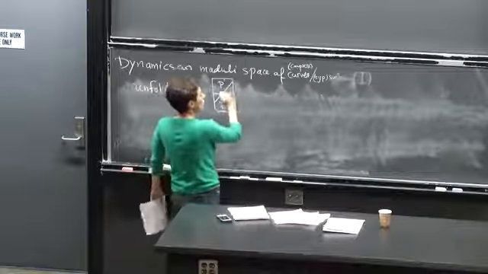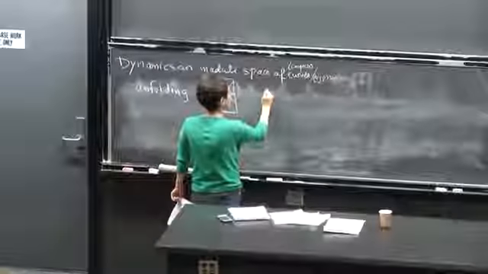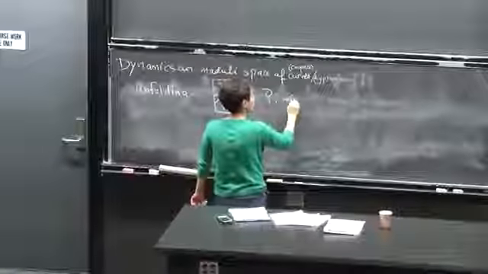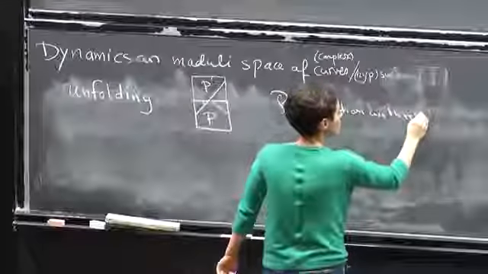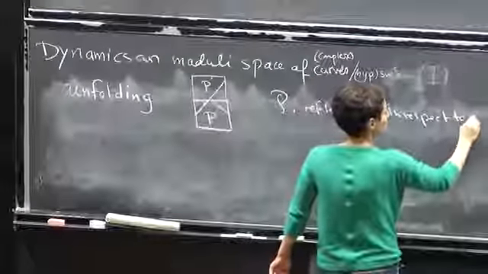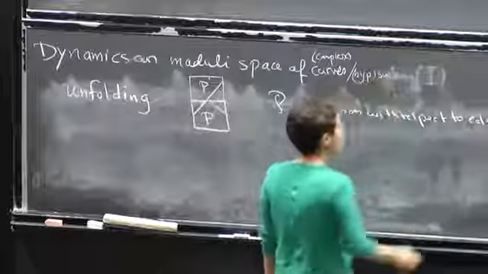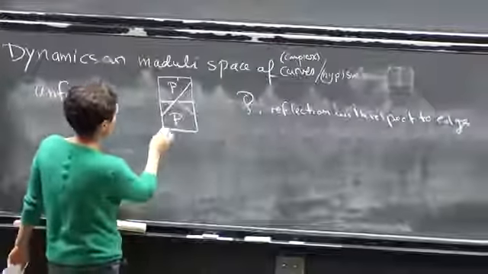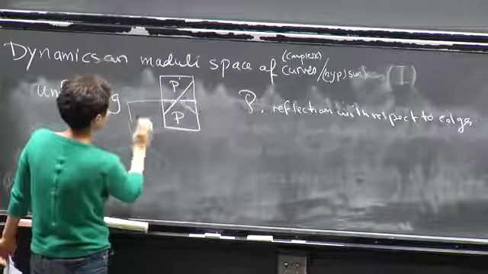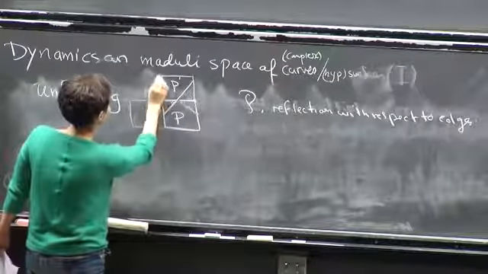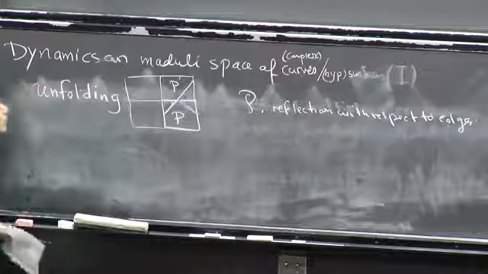The nice thing is that if you start from P and take reflections with respect to edges, for example you get 4 of these copies.